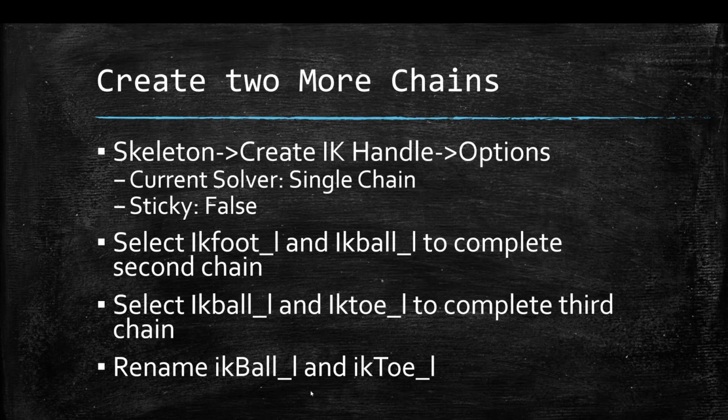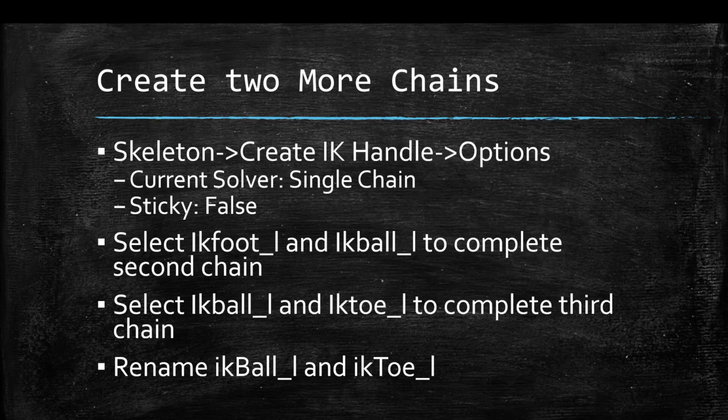So what we're going to do now is create two more chains onto the foot. We're going to take sticky and turn that to be false. And then we're going to change the solver.